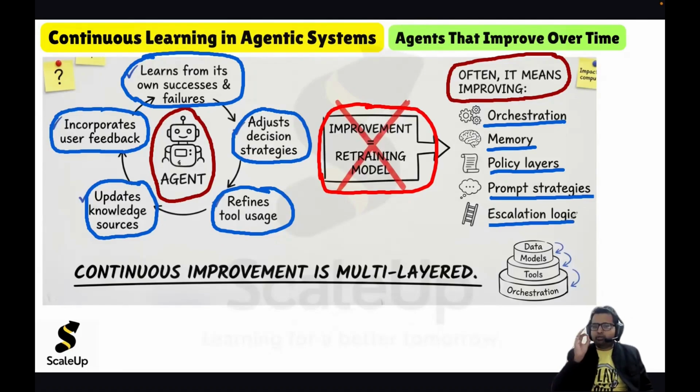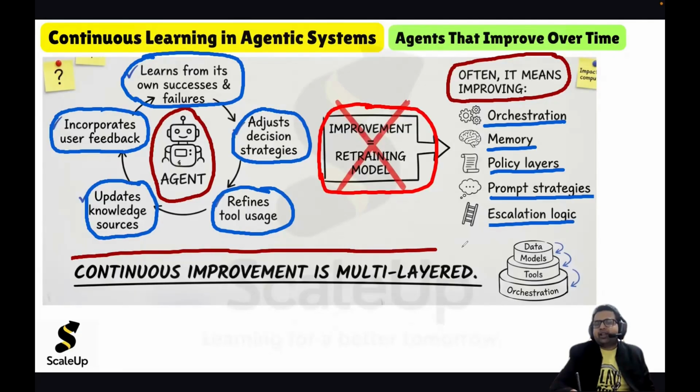So a very important discussion we made. Improvement does not mean retraining the model. Rather, improvement means improving the orchestration, the memory, the policy layers, the prompt strategies, and the escalation logic. So continuous improvement is multi-layered.